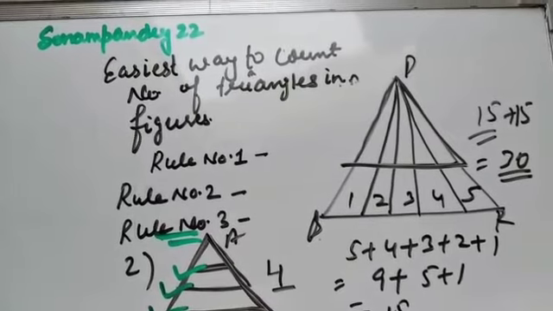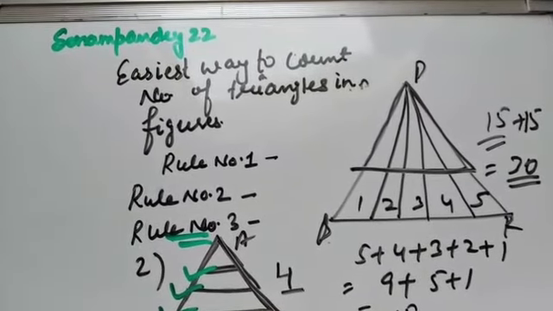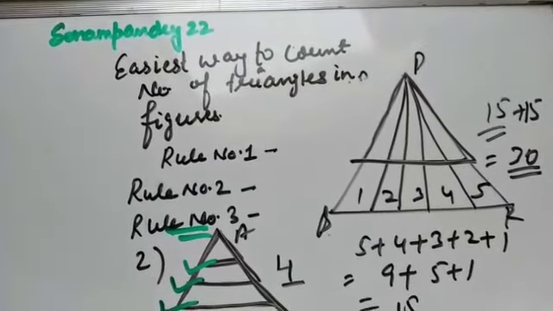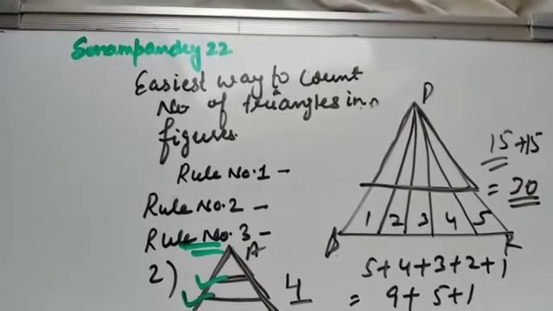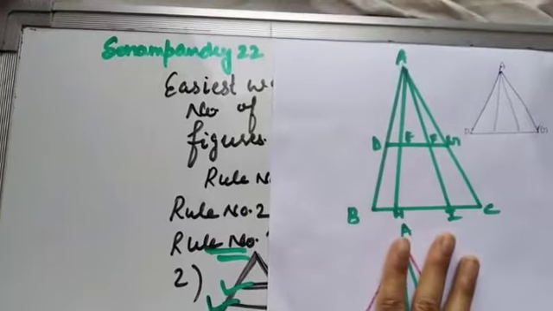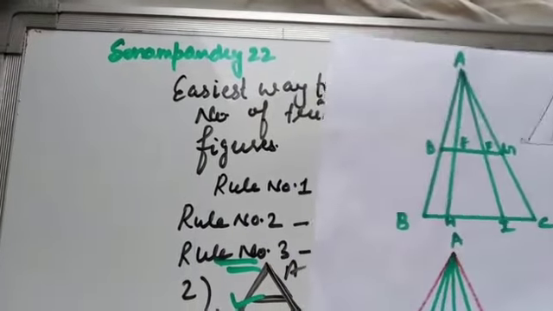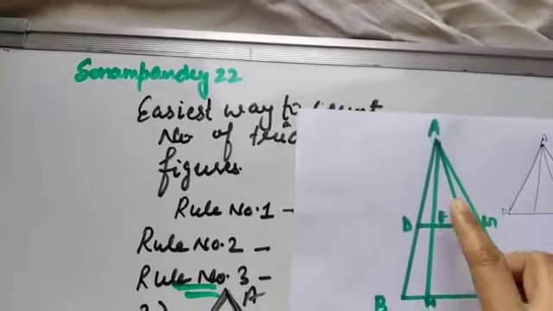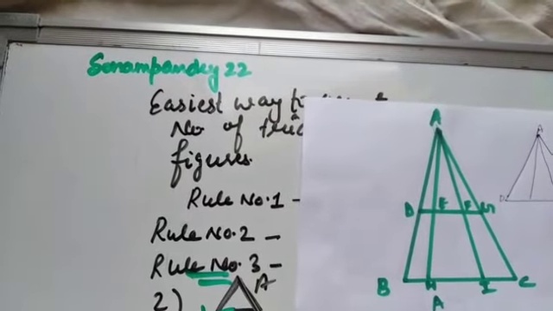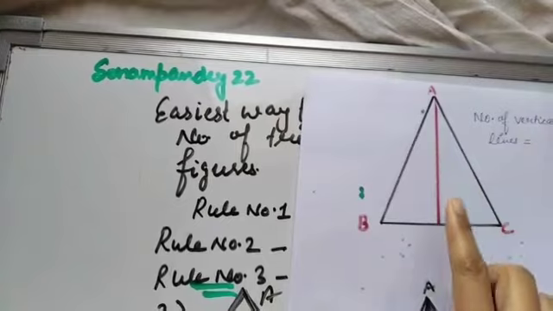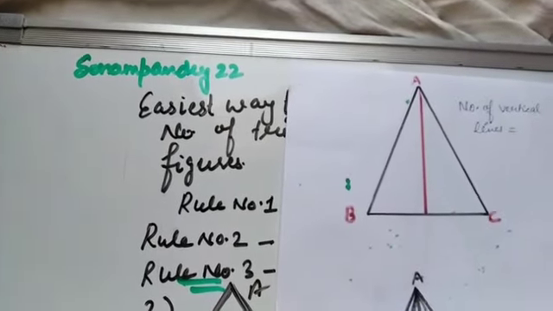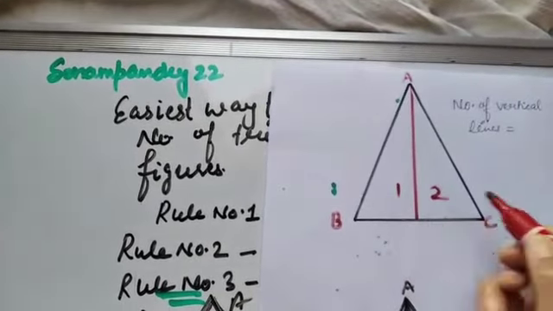I hope you will like this video because it's an easy rule by which you can count the number of triangles. Let's recall all the rules with the help of this. Rule number 1 was to count the number of triangles when these are like this. So you can count the number of triangles, 1 and 2.